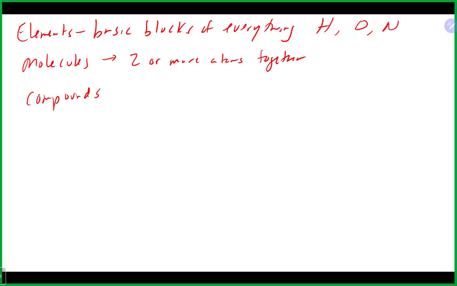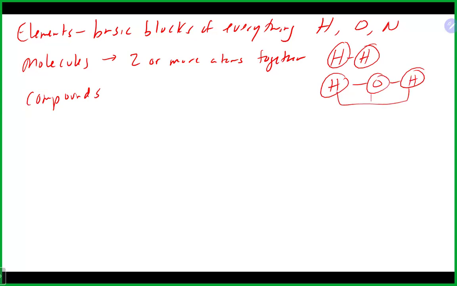And that could be two or more of the same or different. So, hydrogen, the way it naturally comes, is two hydrogen atoms together. That is a molecule of hydrogen. Water, the way it comes, a hydrogen, an oxygen, and a hydrogen. So, it's definitely multiple atoms together. So, those are all molecules. Now, the difference between a molecule and a compound is the compound has to have different elements involved. So, you need a combo of two or more atoms of different elements.